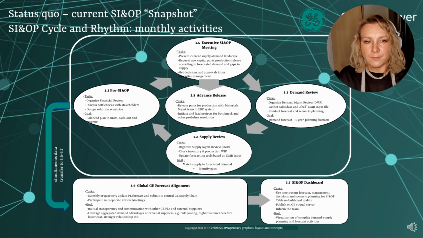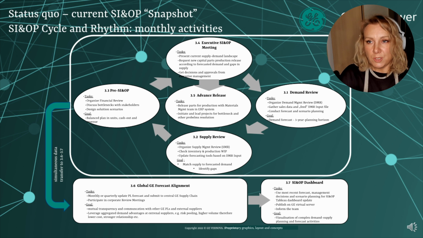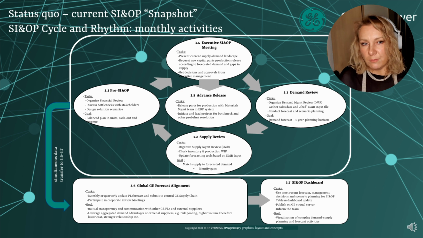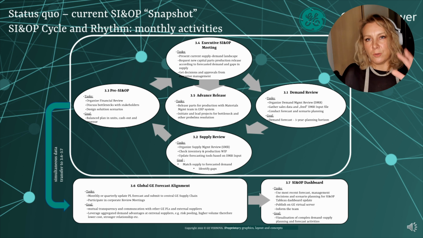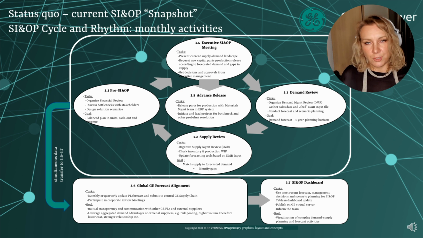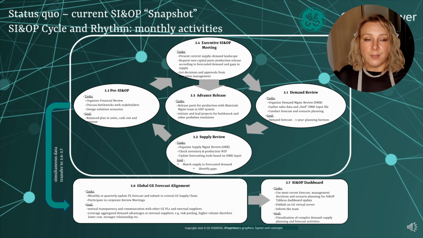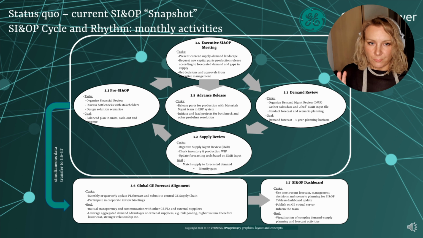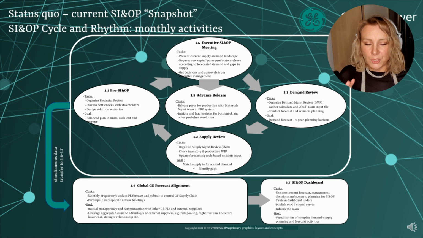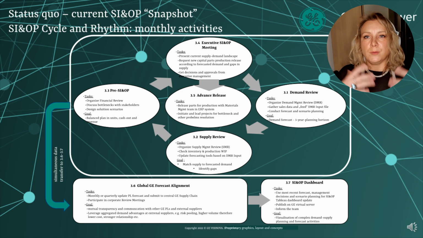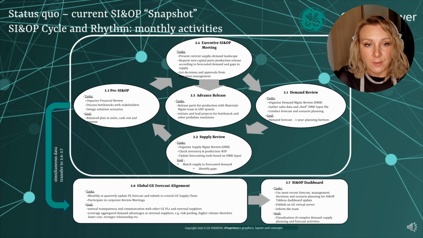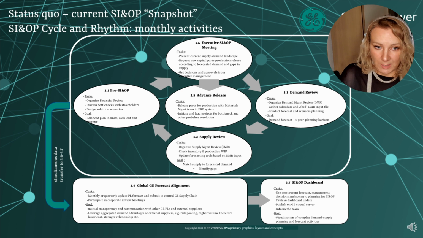I start my cycle, which has a monthly rhythm, with a demand review. So I talk to all the regional sales and project managers. I get the information. We have an input file, which can be used by every region to enter the updates and new information whenever it is available.